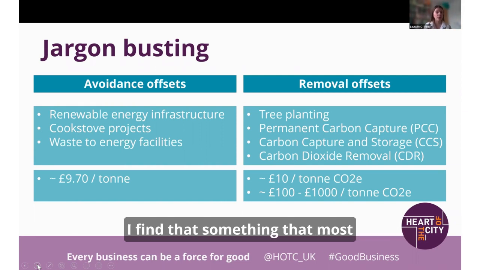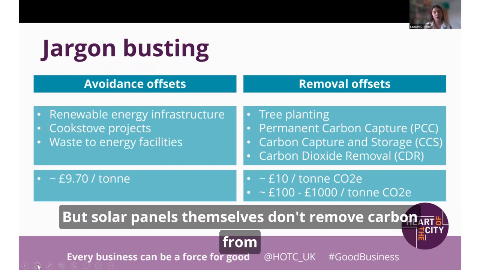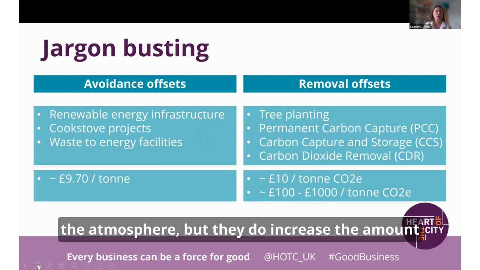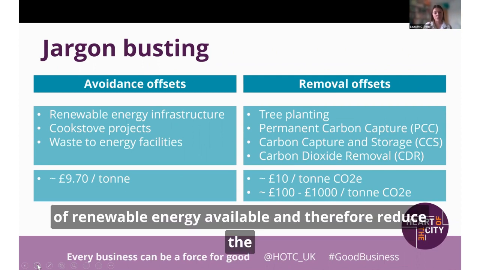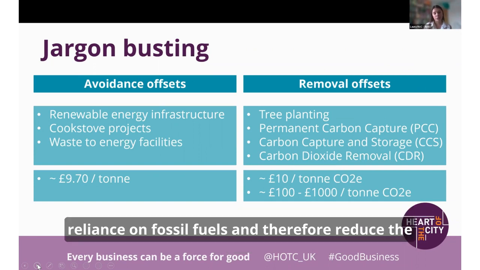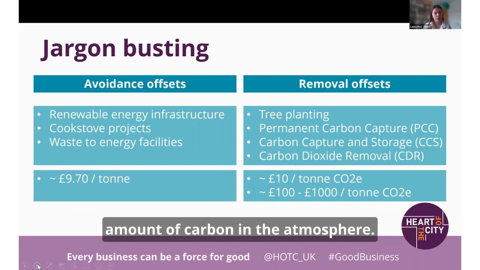I find that's something most people know what they are. Solar panels themselves don't remove carbon from the atmosphere, but they do increase the amount of renewable energy available and therefore reduce the reliance on fossil fuels and therefore reduce the amount of carbon in the atmosphere.